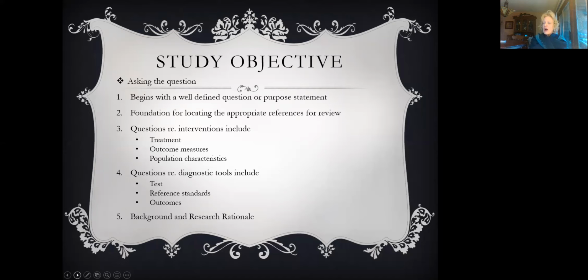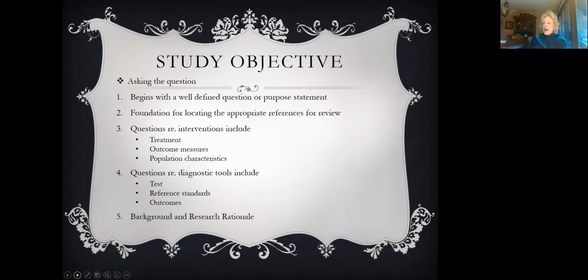So you want to then go to intervention studies that include a treatment, an outcome, and the population characteristics, so that you can determine who these outcomes apply to.